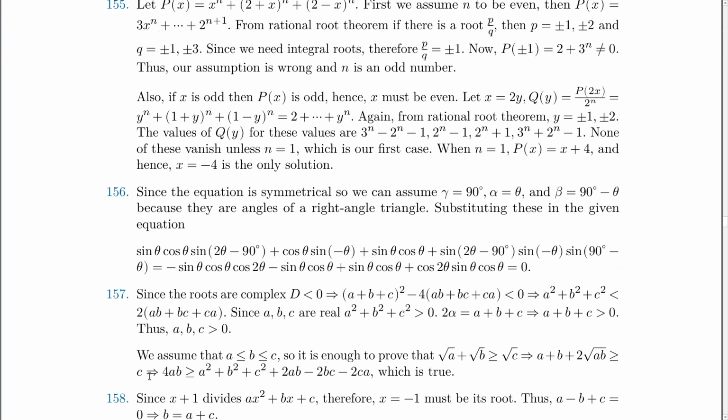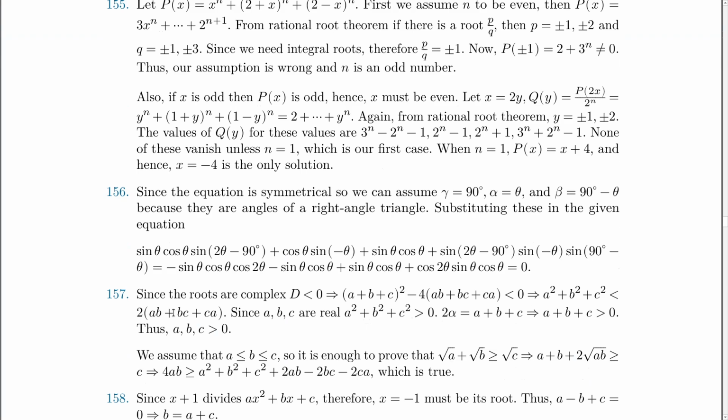Okay. Now, if we have this, we can say that 4AB, that is, we square this again and bring AB to the other side, and C minus A minus B, you square that, we get A square plus B square plus C square plus 2AB minus 2BC minus 2CA.